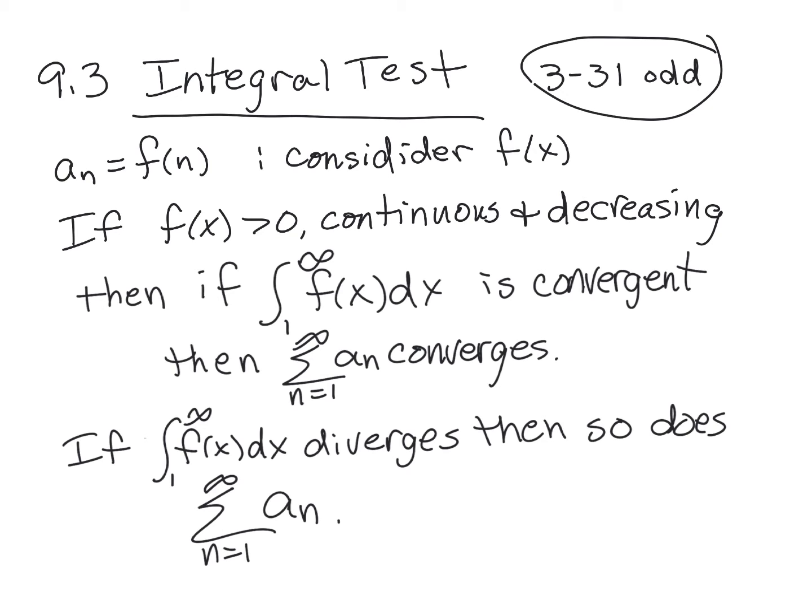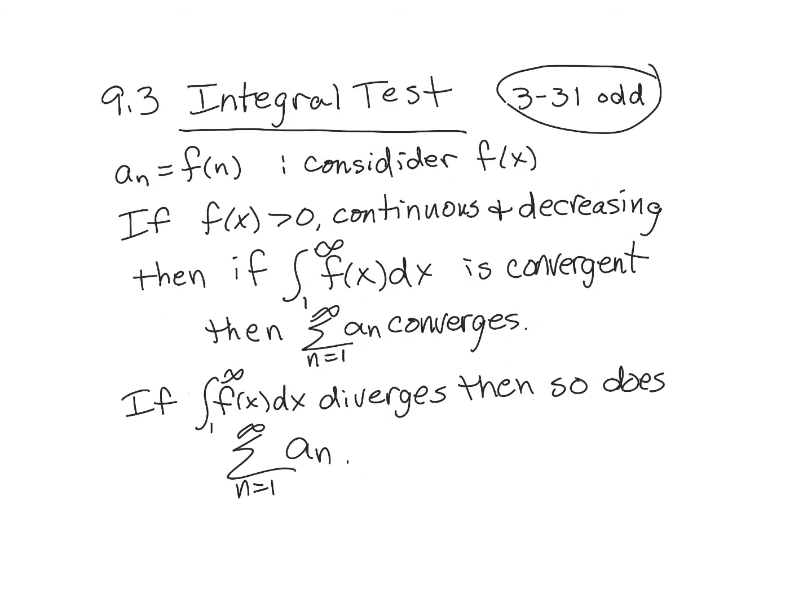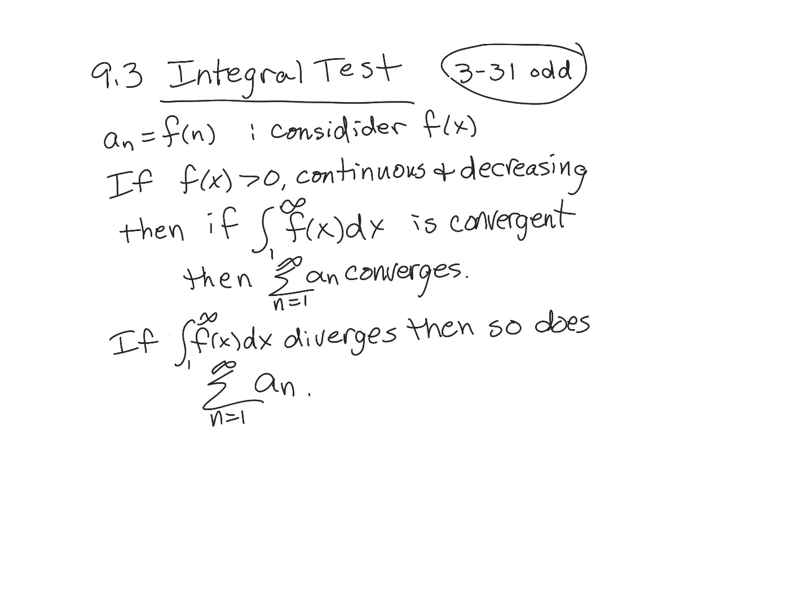Now, when you are doing this test, you have to prove the premises. You have to show me that it's always positive, that it's continuous, and show that it's decreasing. In other words, the next term is always less than the current term. And I'll show you some examples of how to do that. All right?